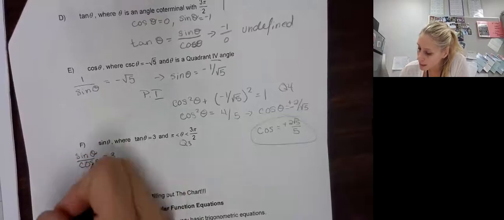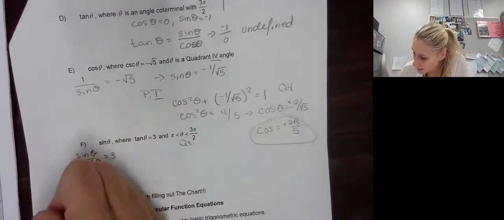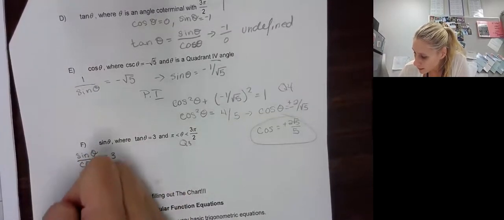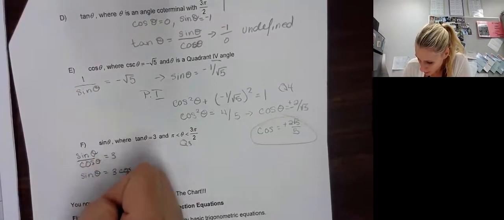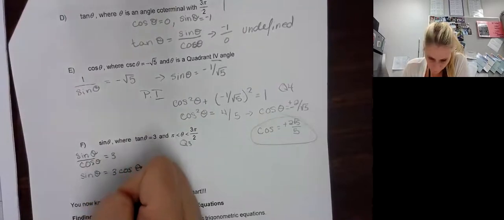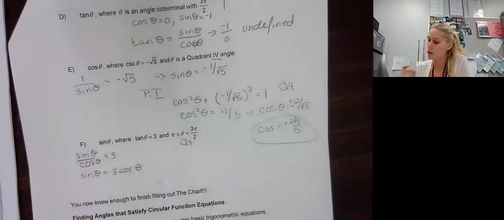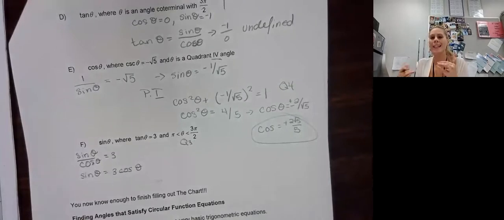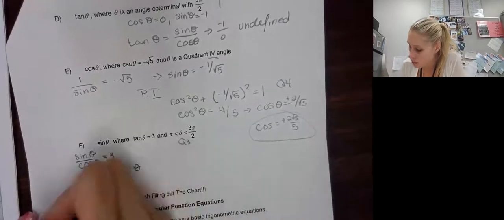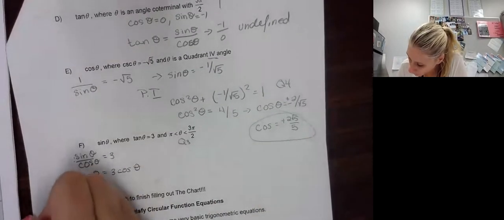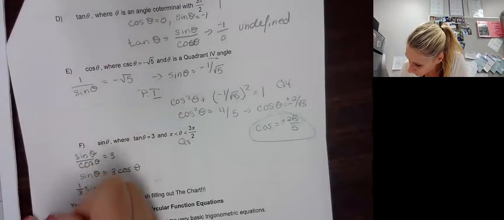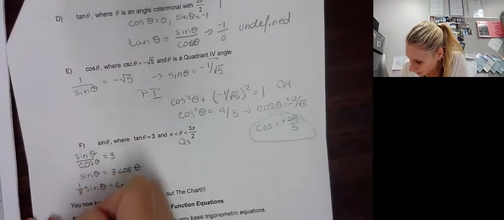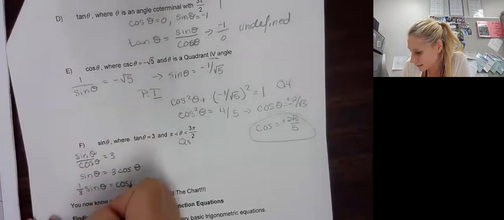So I can multiply cosine to both sides and get sine theta equals 3 cosine theta. Okay, and we're going to solve for cosine because we want everything in sine. This will make more sense in a minute. So I'm going to divide by 3, so 1/3 sine theta equals cosine theta. Now, I said I want everything in sine, right?